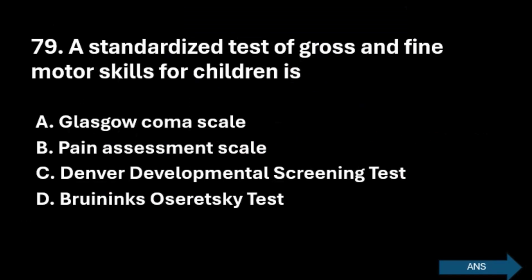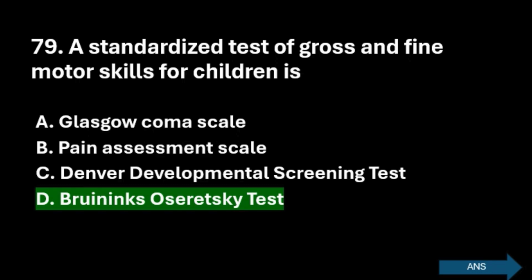Next question. A standardized test for gross and fine motor skill for children is: option A, Glasgow Coma Scale; option B, Pain Assessment Scale; option C, Denver Development Screening Test; option D, BOT or Bruininks-Oseretsky test. The right answer here is BOT test.